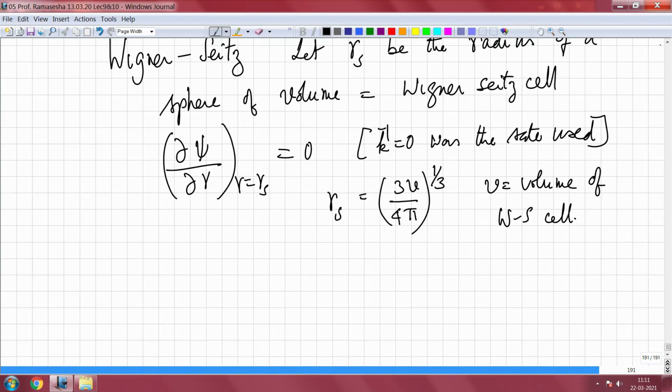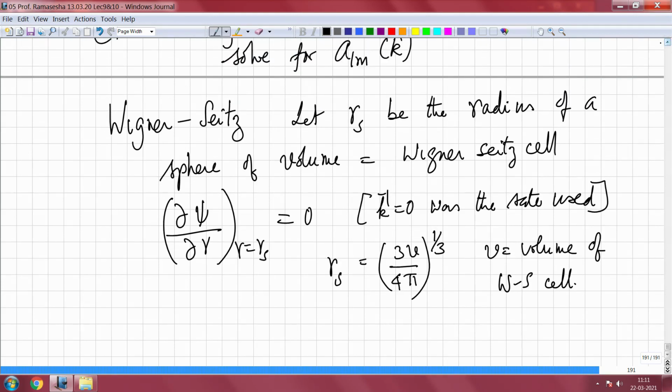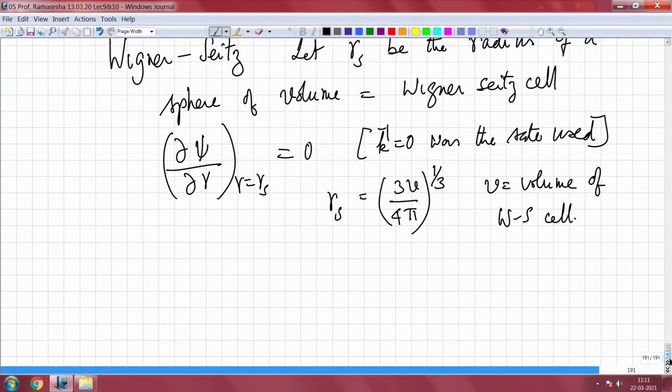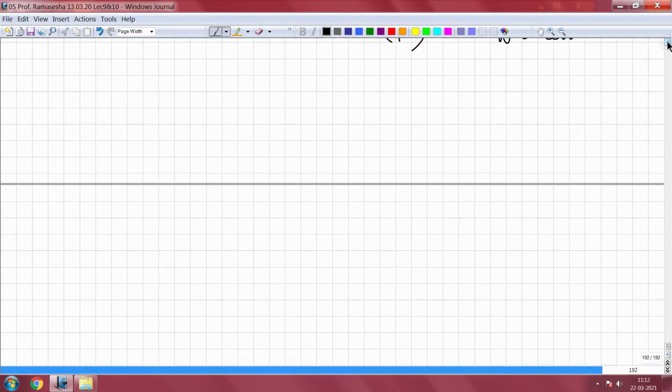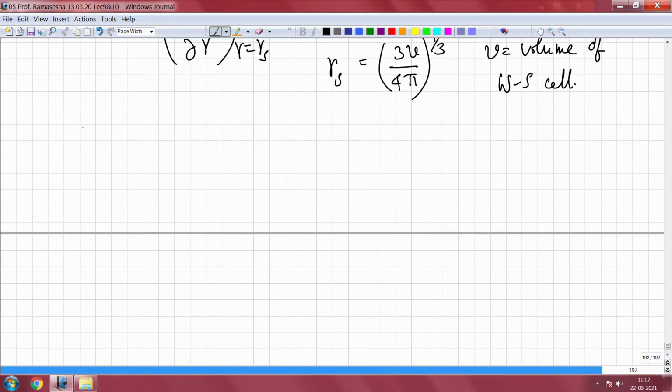Now, the problem with Wigner-Seitz, the cellular method, is the following: there is no way you can choose a unique set of points at which you can impose the boundary condition. So, the solutions actually depend on where you impose the boundary condition.